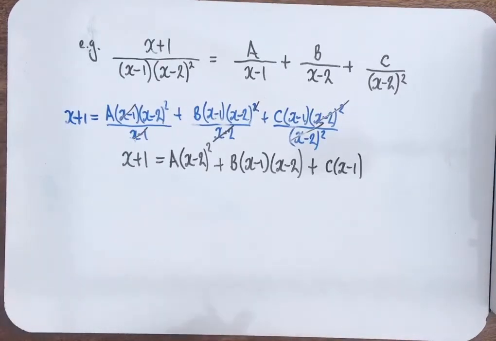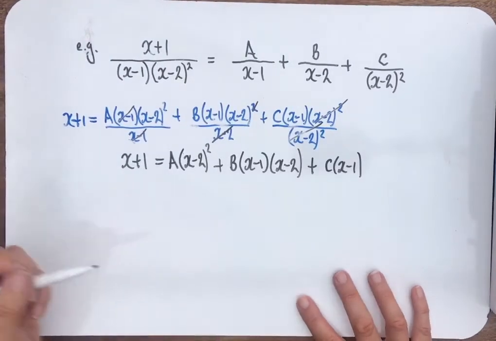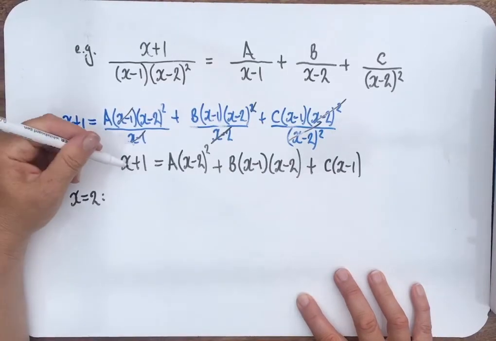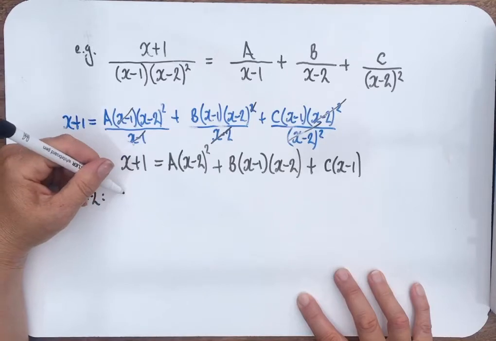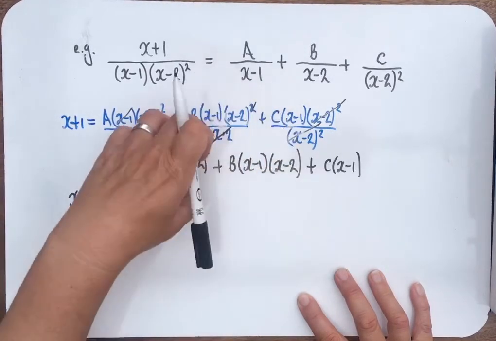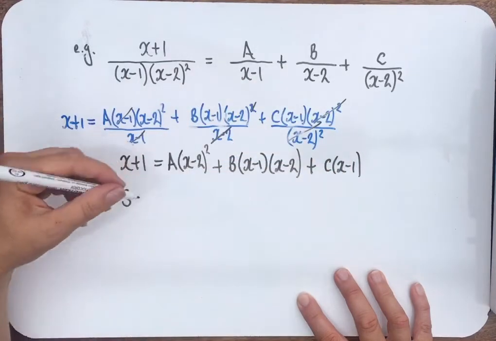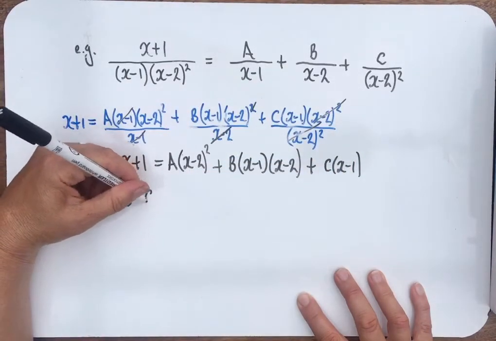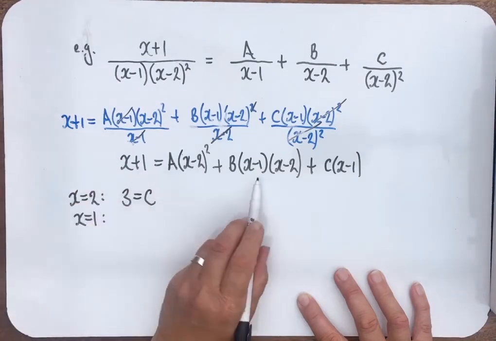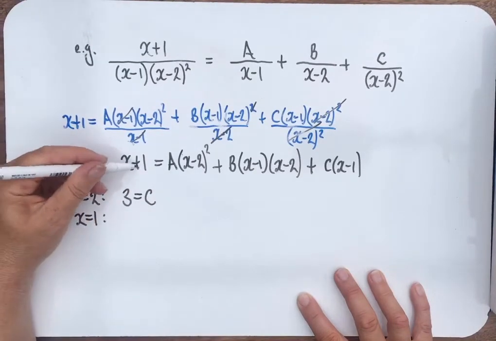The beginning is the same, so you're setting brackets to 0. So when x is equal to 2, the left hand side 2 plus 1 is 3, 2 minus 2 is 0, 2 minus 2 is 0, so I can ignore those. 2 minus 1 is 1, and so c is equal to 3. Then I can let x equal 1 to make this bracket 0. 1 plus 1 is 2.